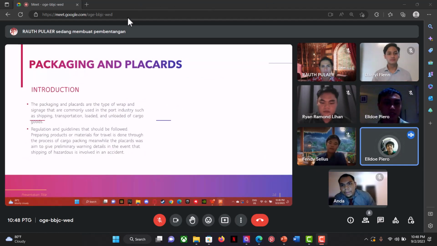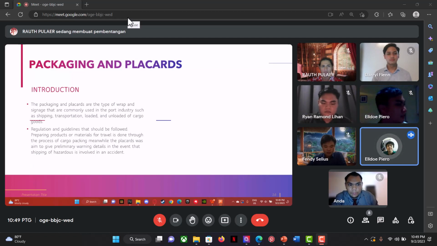So, what are packaging and placards? The packaging and placards are the type of wrap and signage that are commonly used in the port industry, such as shipping, transportation, loading and unloading of cargo goods. What does it mean?